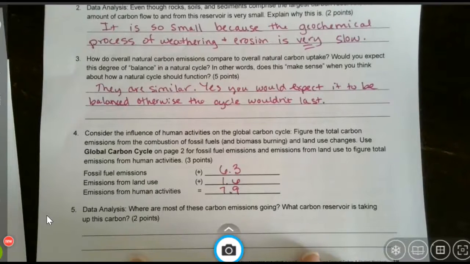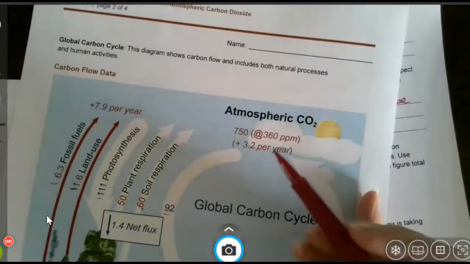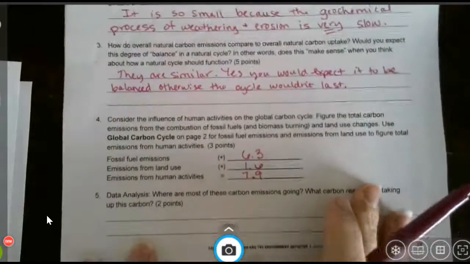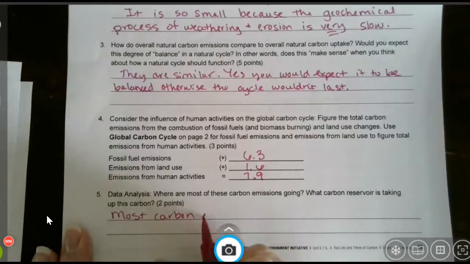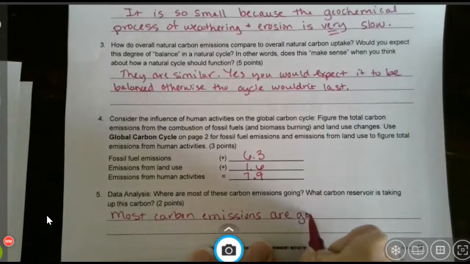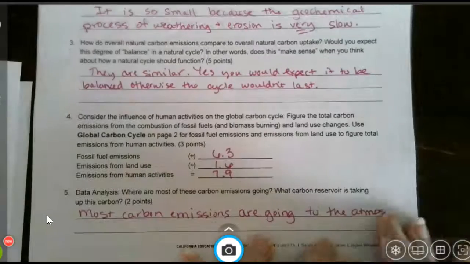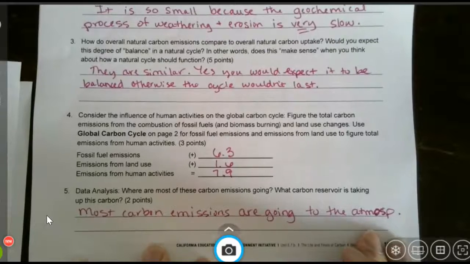Data analysis. Where are most of these carbon emissions going, and what carbon reservoir is taking up this carbon? So all of this carbon in the human emissions, where is it going? Well, our arrows show it going into the atmosphere. So most carbon emissions are going to the atmosphere. And what carbon reservoir is taking it up?